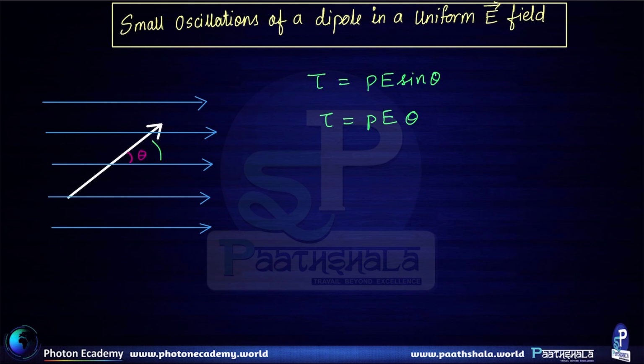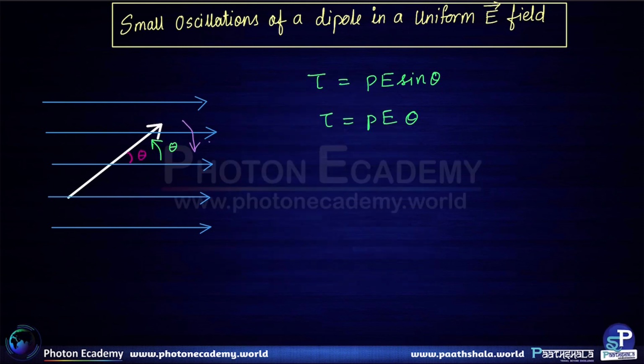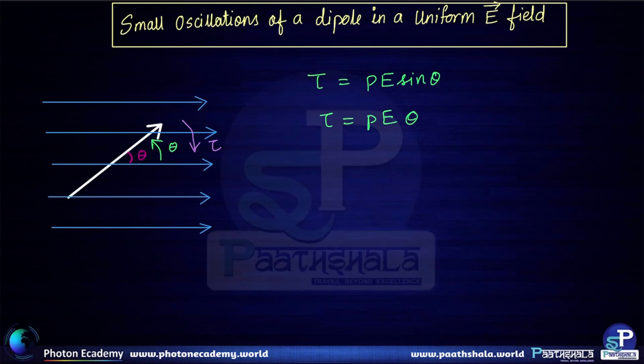So if theta is the displacement, the direction of torque is opposite to that of the displacement. So the sense in which torque gets applied is opposite to the displacement theta, and thus we can write down torque as I times alpha according to Newton's law, and I alpha is going to be equal to PE theta.